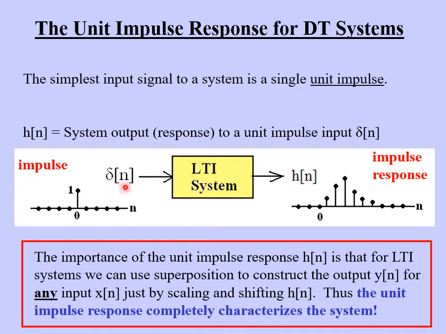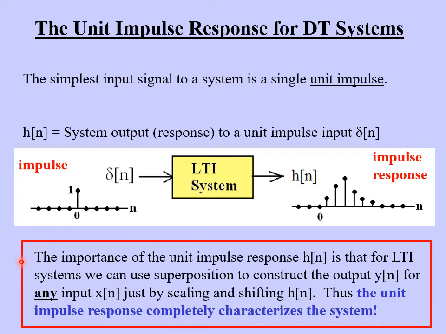So delta of n goes into the system, h of n comes out. Now, what does this impulse response look like? This is just a hypothetical example of what an impulse response might look like. Obviously, it's going to depend on what's inside of this system.